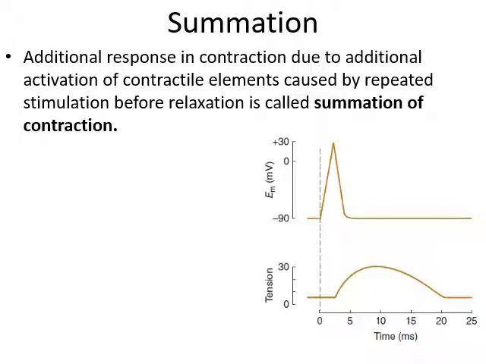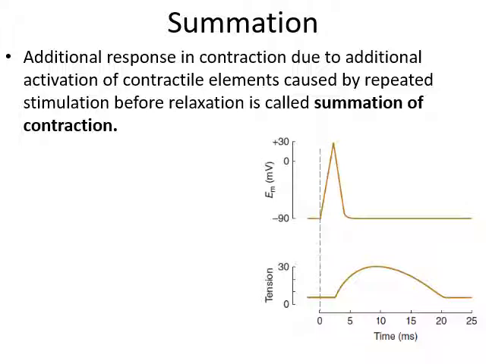Let us see. Now, here you can see the difference in electrical response and contractile response. In the lower part of this figure, you can see the contractile response, whose duration is about 15 milliseconds, which is much higher than the duration of the electrical response, that is 4 milliseconds. So as the duration of the contractile response is much more, there is every possibility of another contractile response, or the contractile elements of the muscle could get activated if another electrical event occurs during this period, that is from 6 milliseconds to 20 milliseconds.